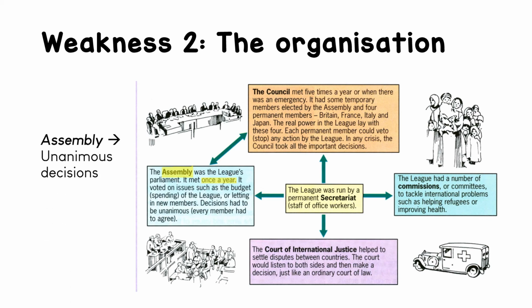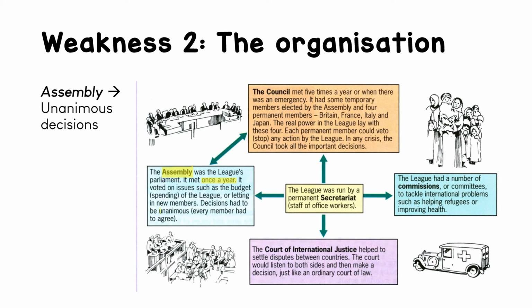Decisions in the League of Nations had to be unanimous. So in the Assembly, votes had to be unanimous, meaning that every member had to agree for a decision to be approved. Now, this Assembly included all the countries that were part of the League of Nations. The League also had another working body, which was the Council.